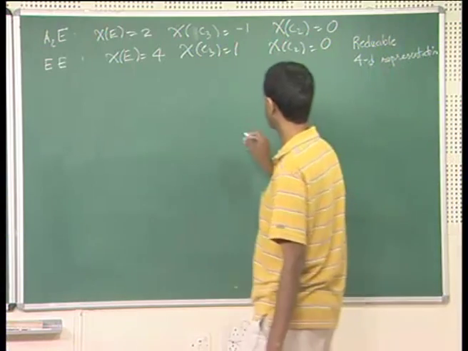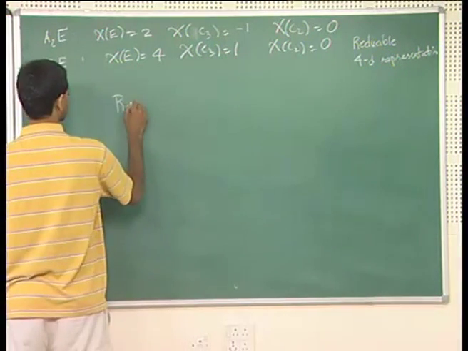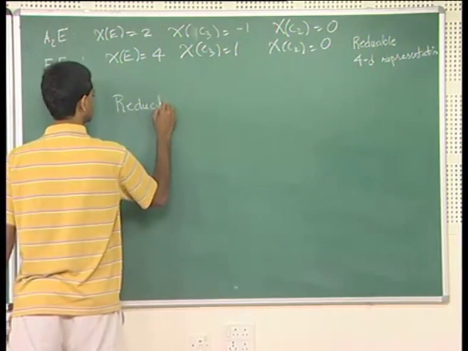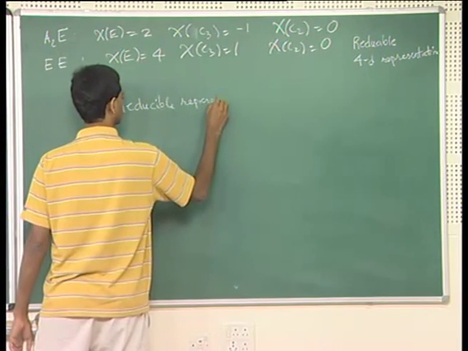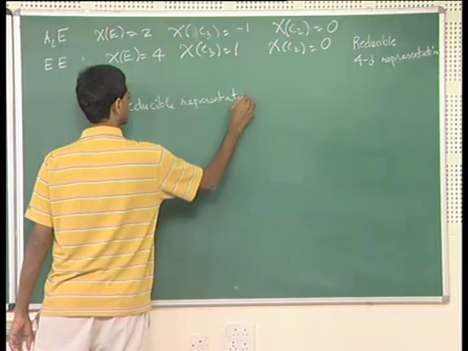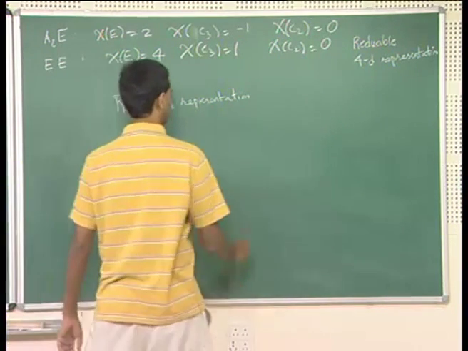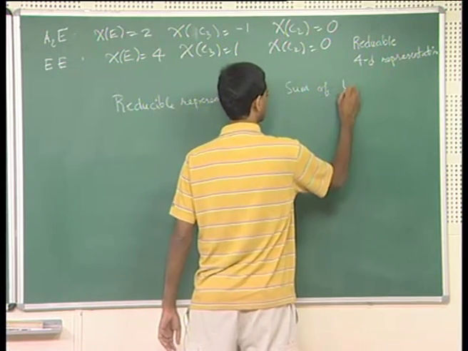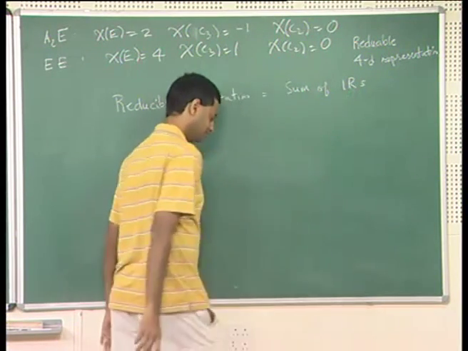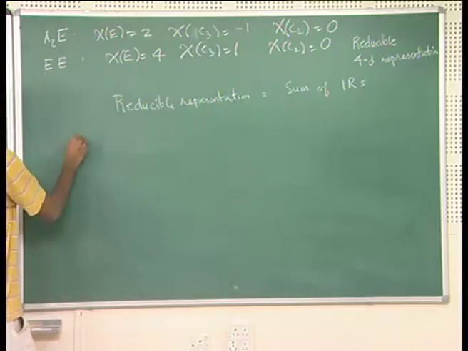Okay, so reducible representations can be written as a sum of irreducible representations, and this is what we had seen.